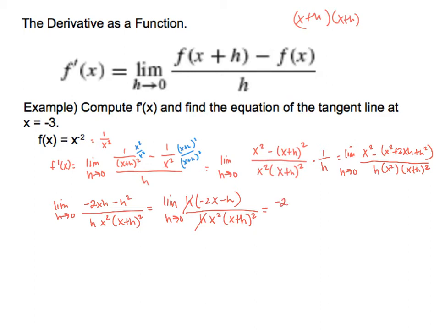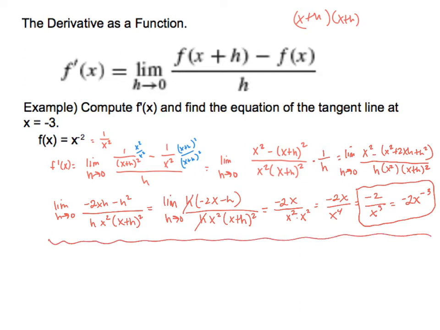So we have negative 2x divided by x squared times x squared. Negative 2x divided by x to the fourth. Simplify, negative 2 divided by x cubed, or negative 2x to the negative third. Both of these are equivalent and acceptable. Okay, so that is our derivative as a function.